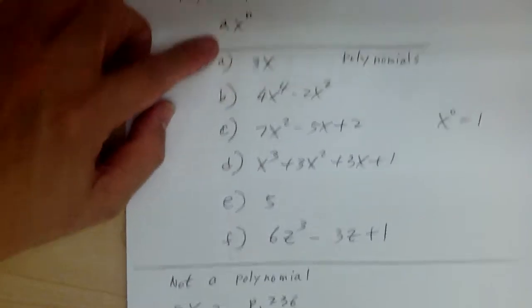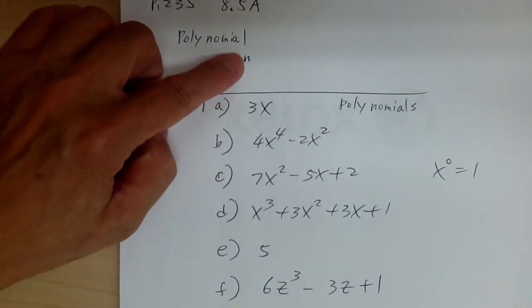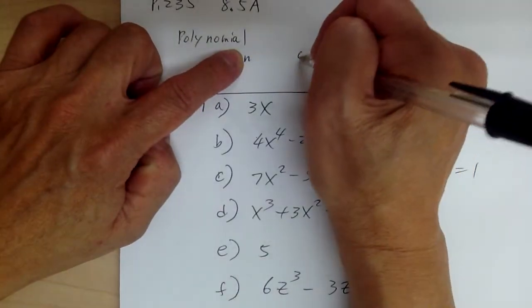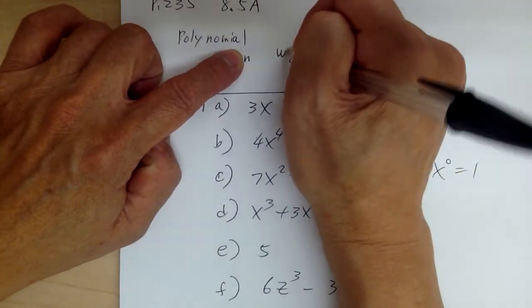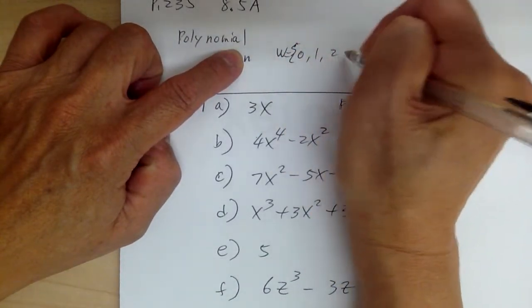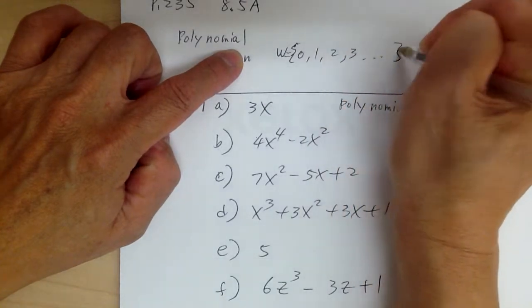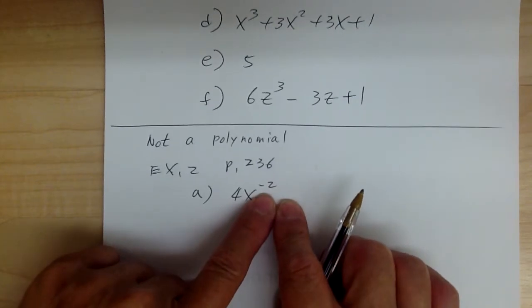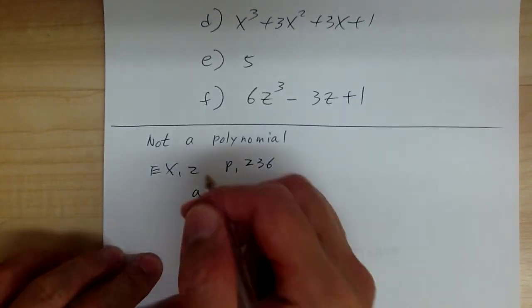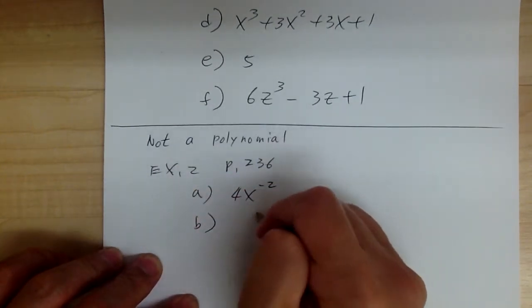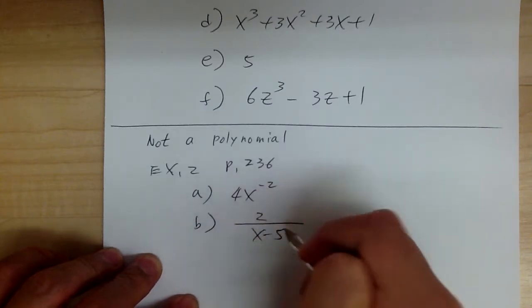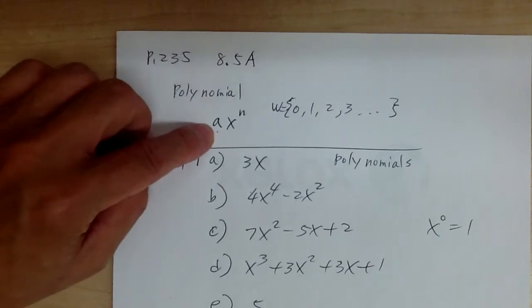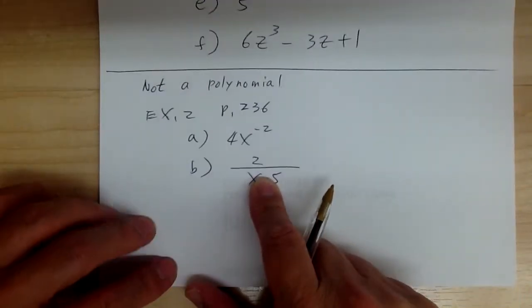If you look over here, you have to have a number, variable to an exponent, and this has to be a whole number. Remember, whole numbers are 0, 1, 2, 3, and go on forever, right? So over here, this is negative 2, so this is not a whole number. So this one is not a polynomial. Okay, go to B, 2 over x minus 5. Again, this one does not follow this form. It doesn't look like that. So it's not a polynomial.